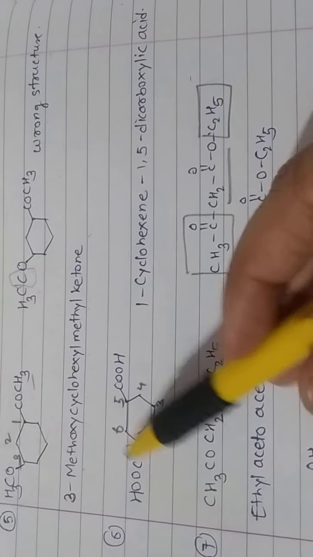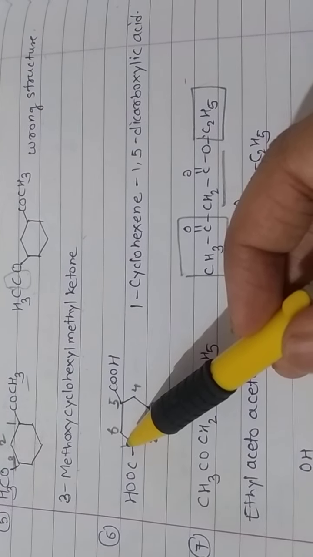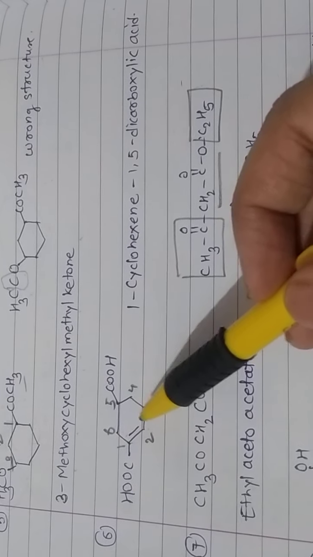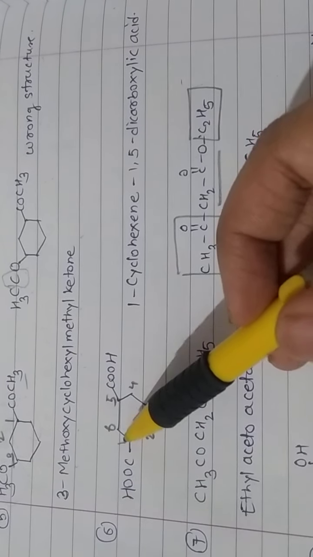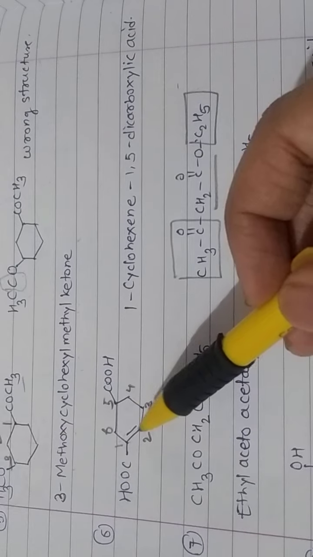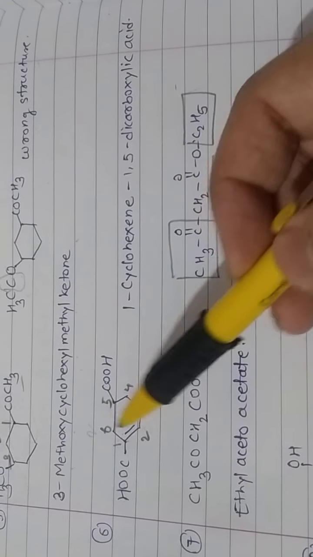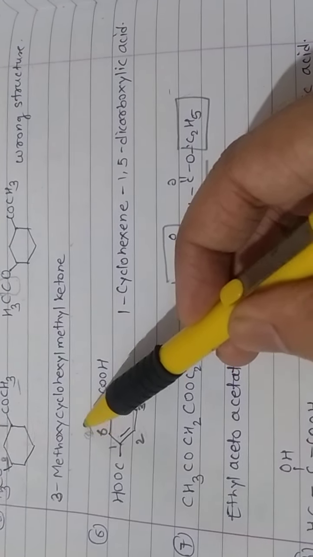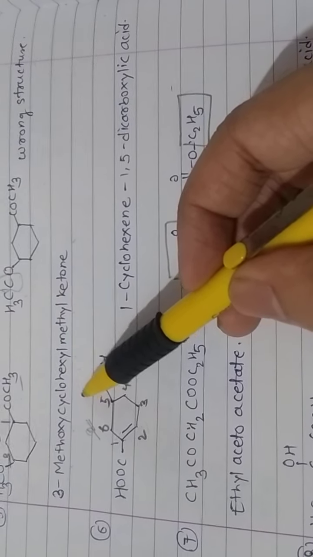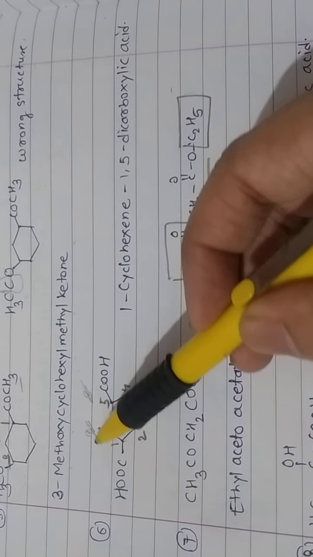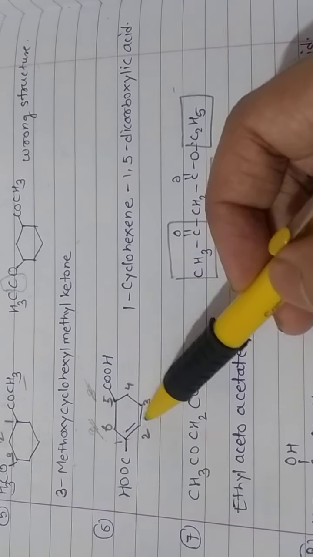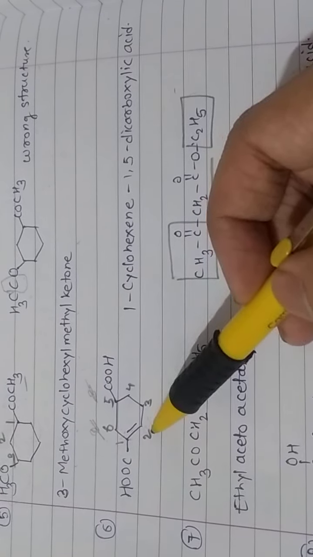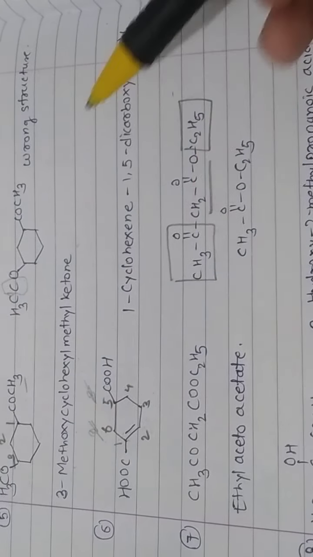Then next one, so numbering is done from this acid because there is also double bond present, and we should complete first double bond. We can't number second here. Okay, this will be wrong. Okay, acid comes on 3rd position, but this will be wrong because we have to cover the double bond. So 1 2 3 4 5 6.